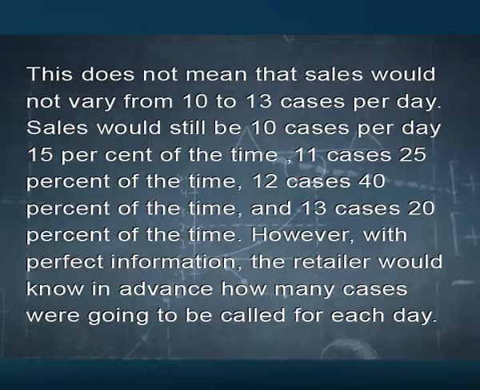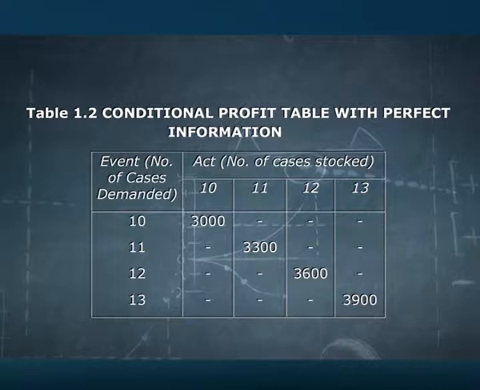However, with the perfect information, the retailer would know in advance how many cases were going to be called for each day. Under these circumstances, the fruit seller would stock today the exact number of cases buyers will want tomorrow. When sales were going to be 10 cases, the fruit seller would stock exactly 10 cases, thus realizing a profit of Rs 3000.